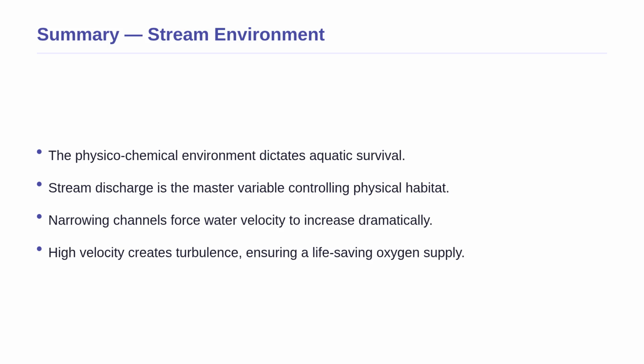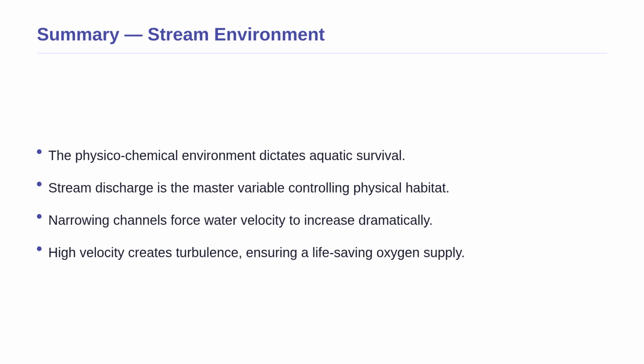We have covered a lot of ground today, so let us summarize the most important ideas. First, the stream physico-chemical environment is a deeply interconnected system that acts as a strict biological filter, determining which species can survive. Second, stream discharge is the master variable.